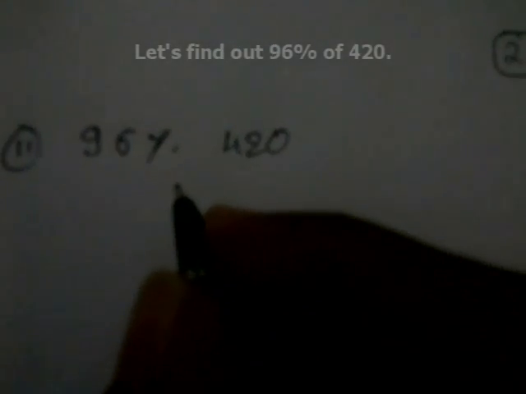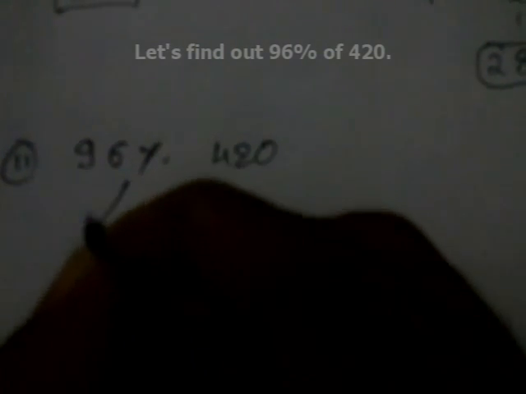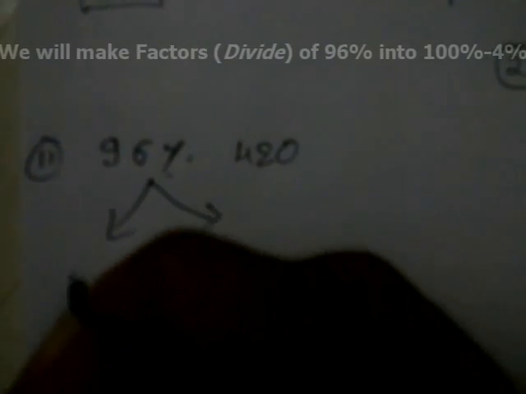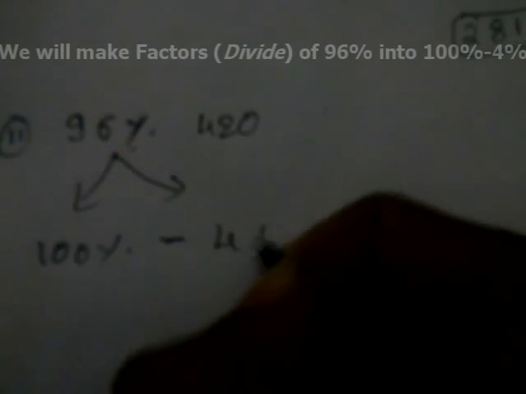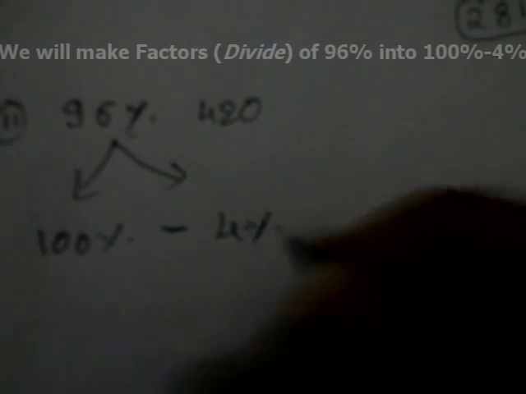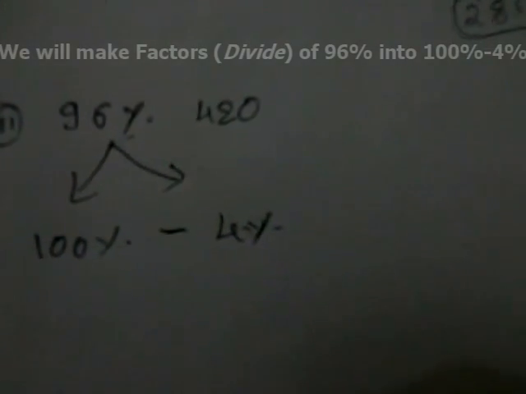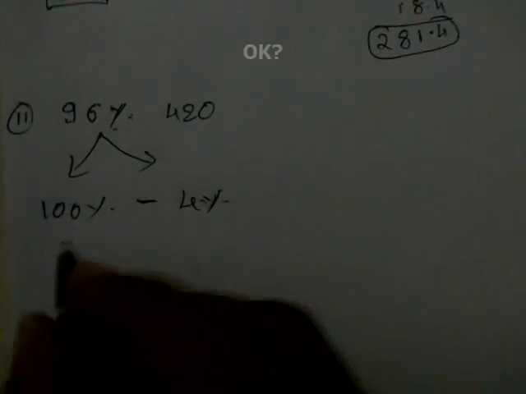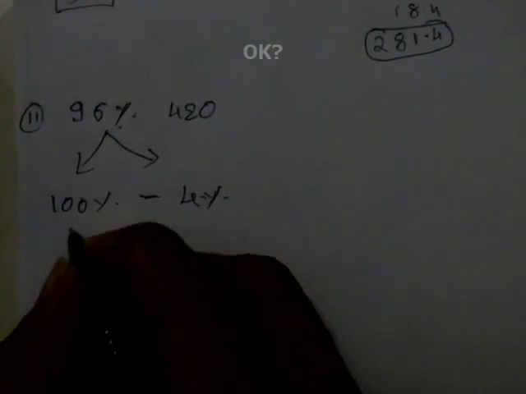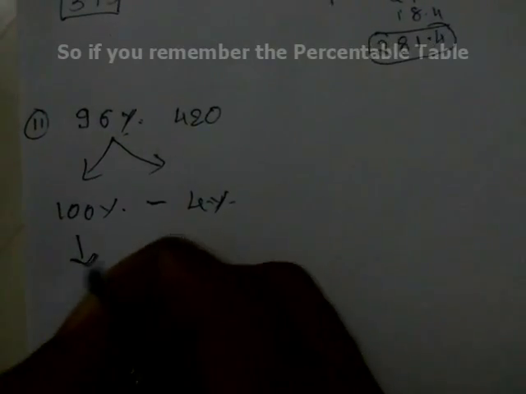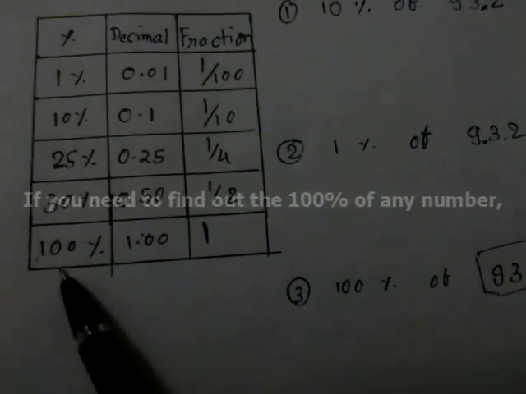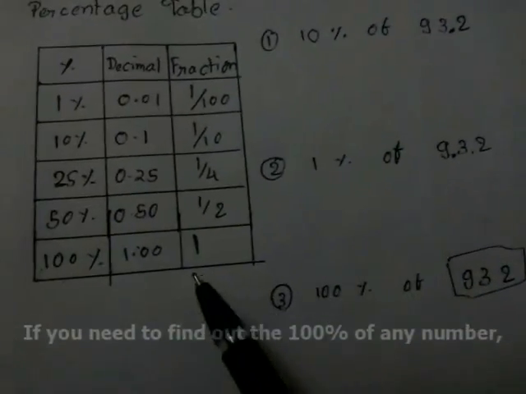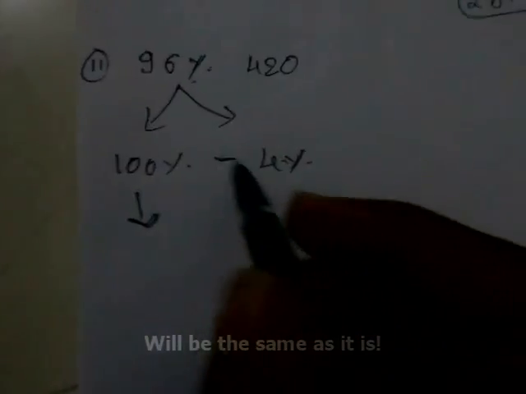Let's find out 96% of 420. So we'll divide it into 100% minus 4%. Okay? So if you remember the percentage table we have used in the beginning, the 100% of any number will be the same as it is.